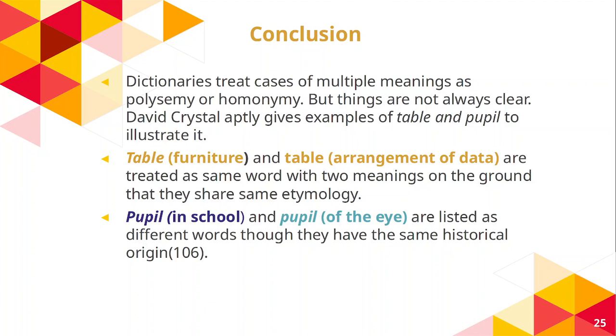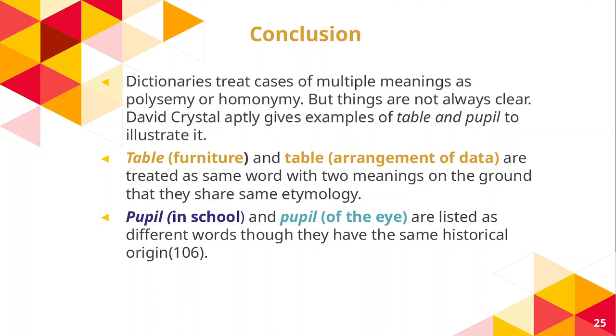That is why David Crystal gives the examples of table and pupil to explain the phenomenon. If you take up the word table, it can mean a piece of furniture, and it can also mean an arrangement of data.